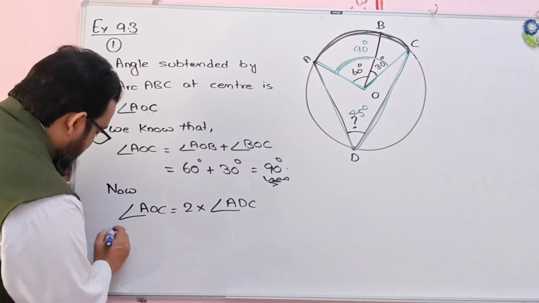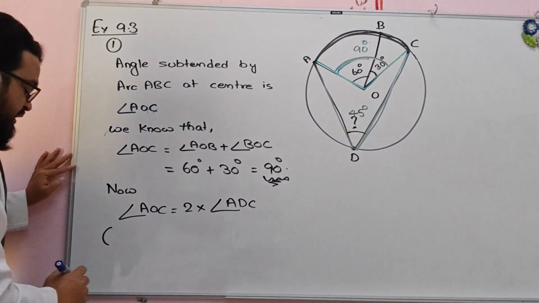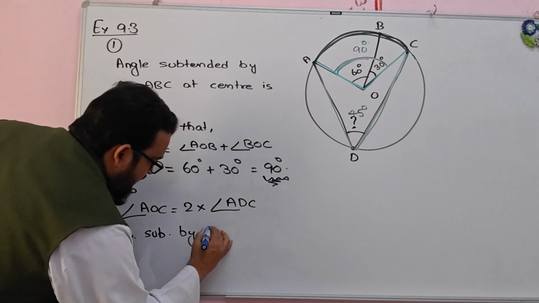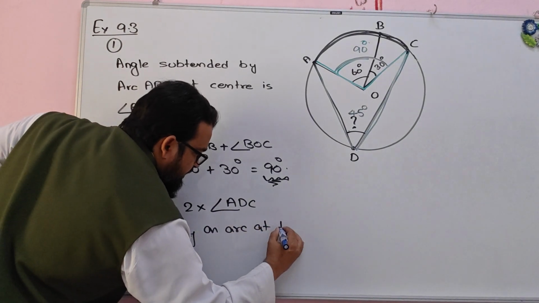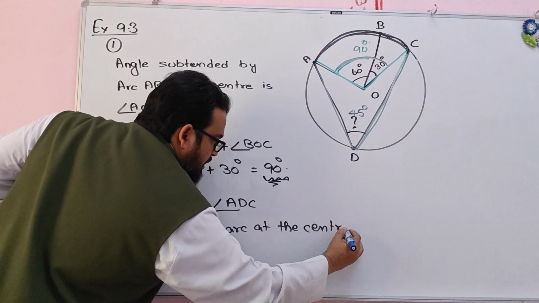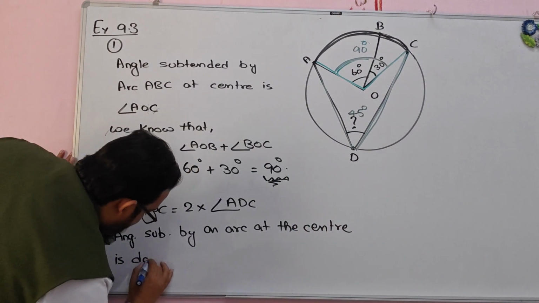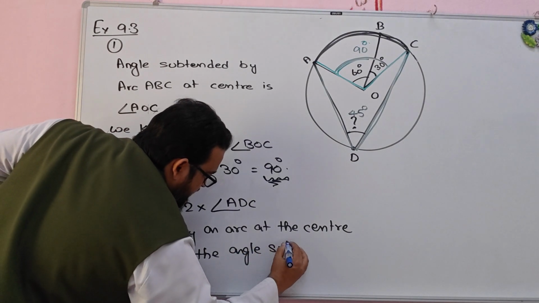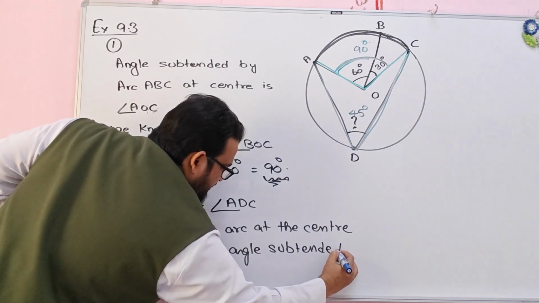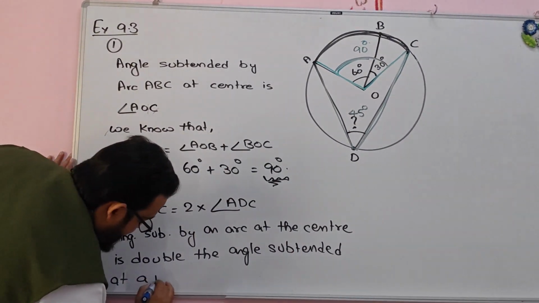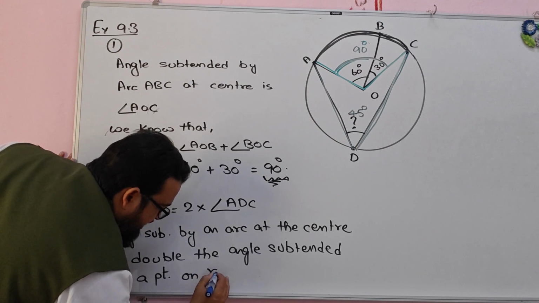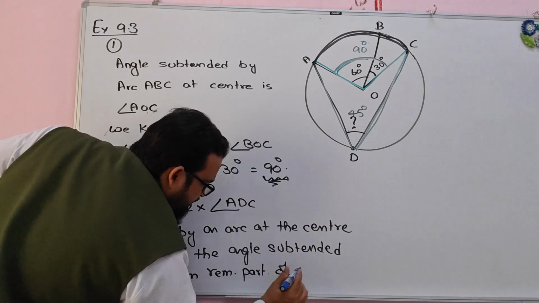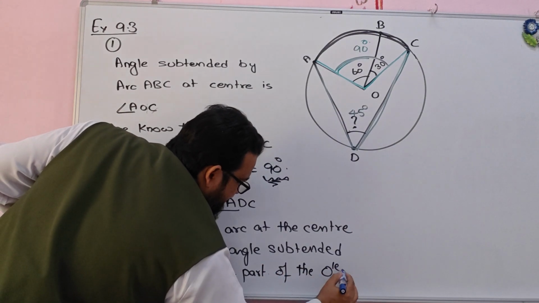You have to write the statement: the angle subtended by an arc at the center is double the angle subtended at a point on the remaining part of the circle.